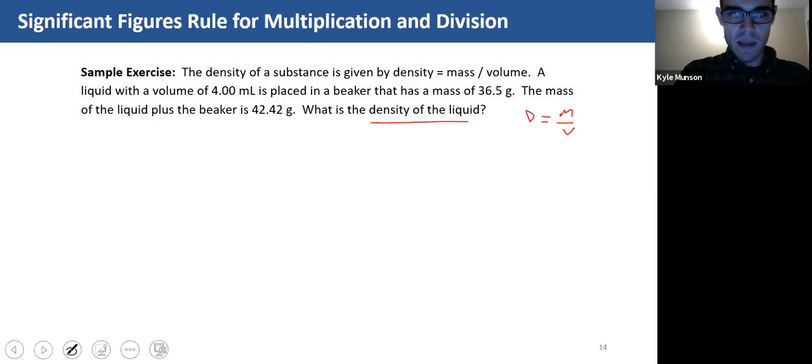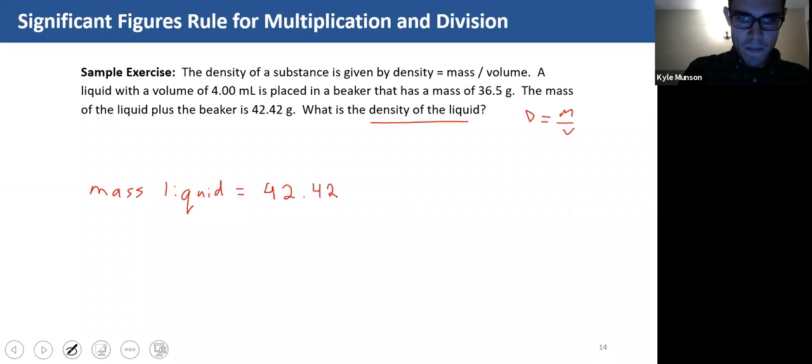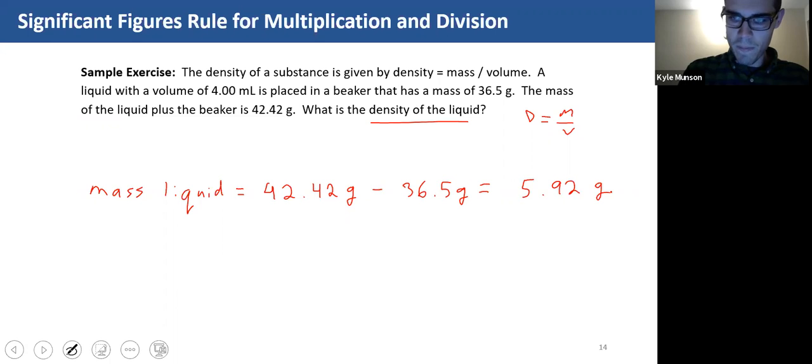Let's do the calculations. So first, we've got to figure out just the mass of the liquid, right? So the mass of the liquid is equal to the mass of the liquid plus the beaker minus just the mass of the beaker. Okay? And when you do that, you're going to get this answer, 5.92 grams.